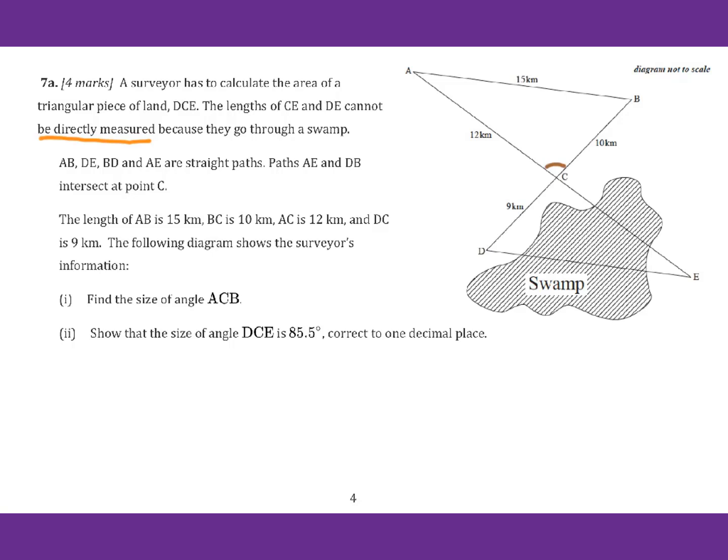Paths AE and DB intersect at point C. The length of AB is 15, BC is 10, AC is 12 kilometers, and DC is 9 kilometers. The following diagram shows the surveyor's information.